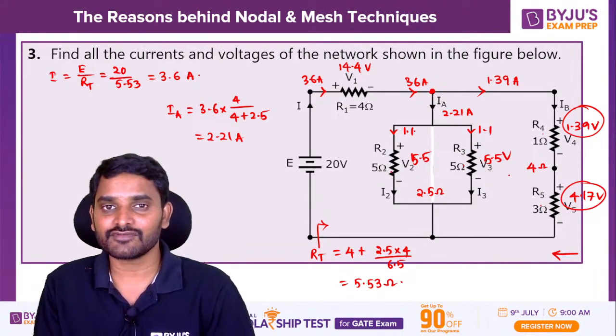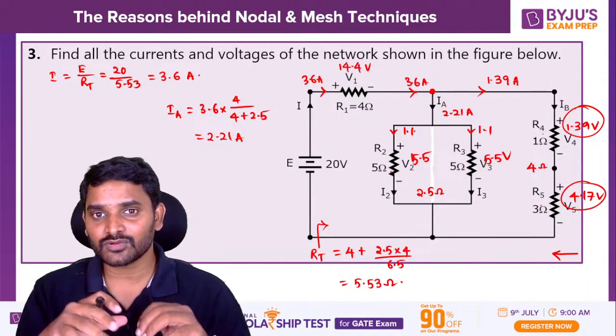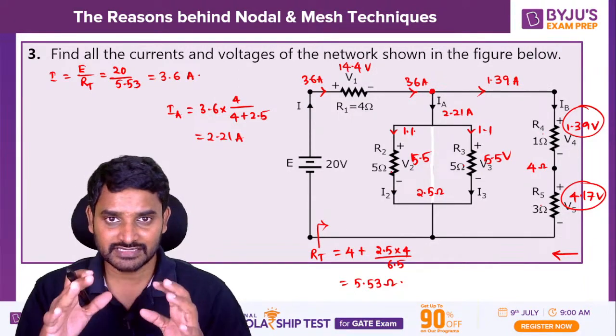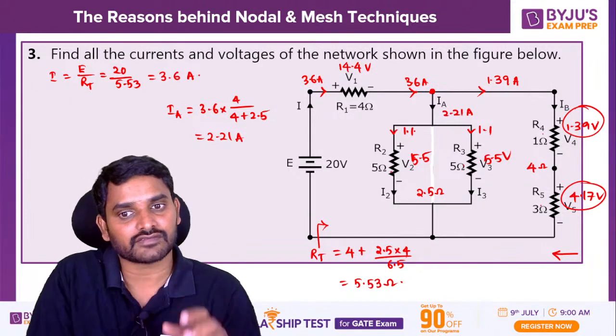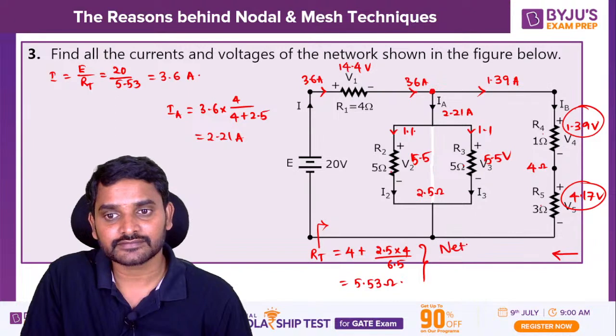Okay, so what I wanted to say is that calculating the currents and the voltage drops is done by reducing the network. This is done by the network reduction technique.